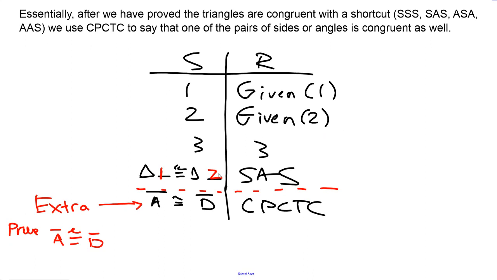So basically, it's just an extra step. So once we've proven that triangle 1 is congruent to triangle 2 for whatever reason, we can then say that the missing piece, in this case side A and side D, are congruent using CPCTC. So it's just adding an extra line to our proofs basically.